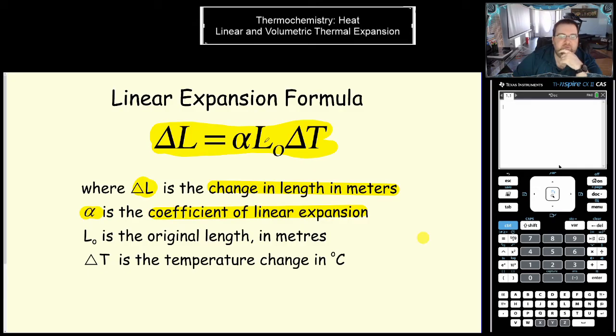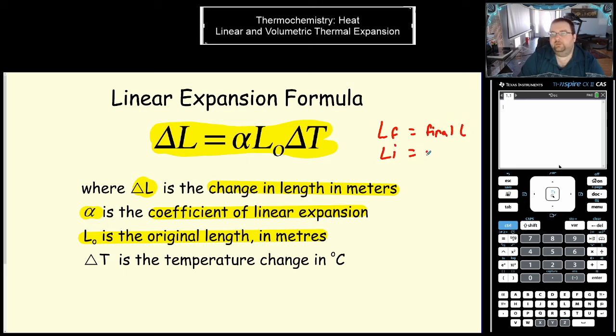L naught, or sometimes, if you want to replace this O with an I, that's fine. L naught is the original length or the initial length, right? It's what the length started off with. Delta L is the change in length. So this is LF minus LI. And LF is usually called the final length.